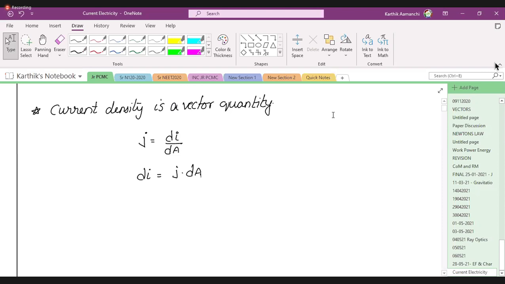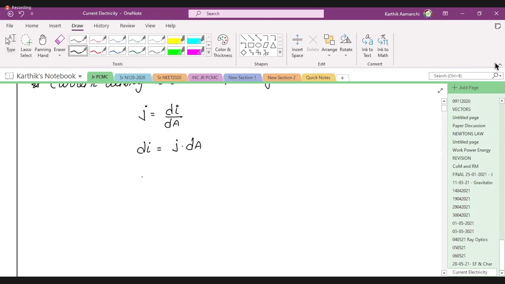So if you are integrating on both sides from 0 to I and from 0 to A, what will you get? It will be I equals to integral J dA.